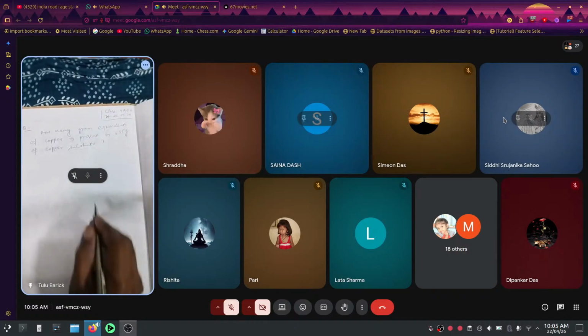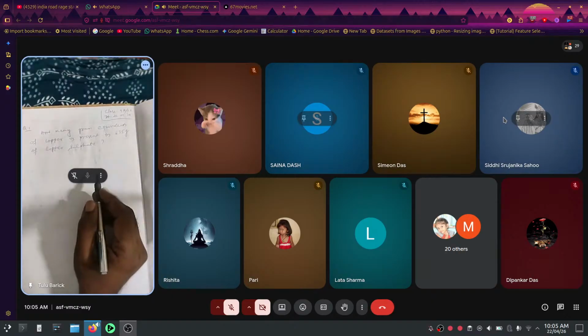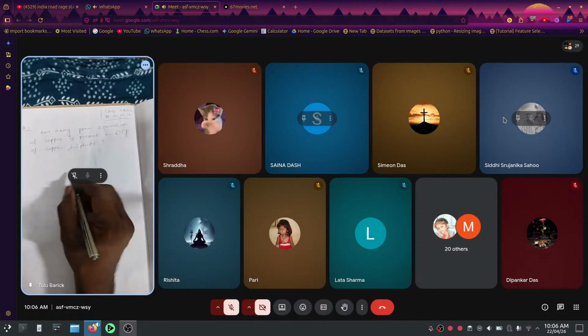Can you see the question clearly? How many gram equivalents of copper is present in 635 gram of copper sulfate?